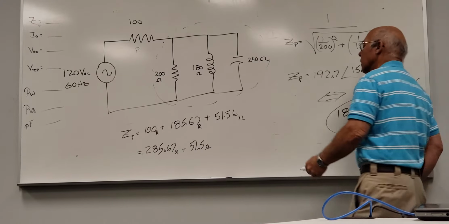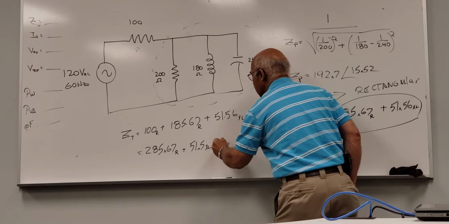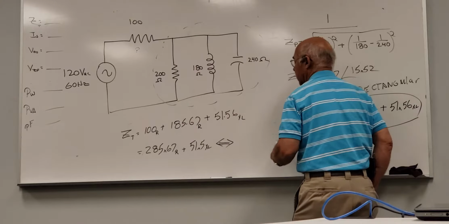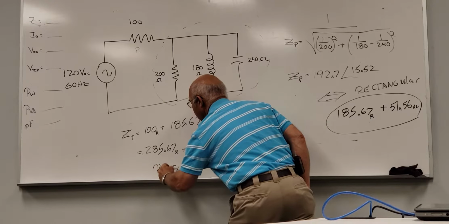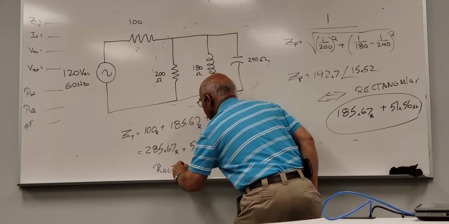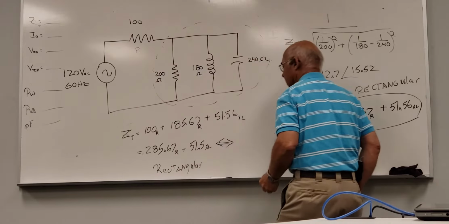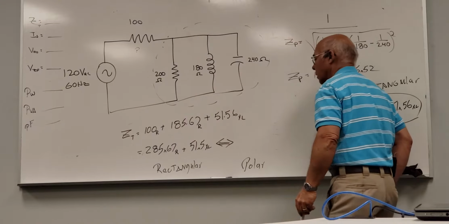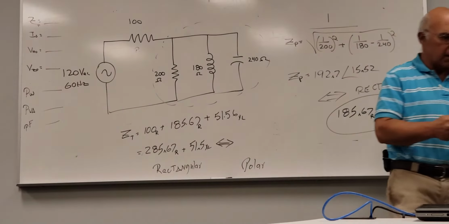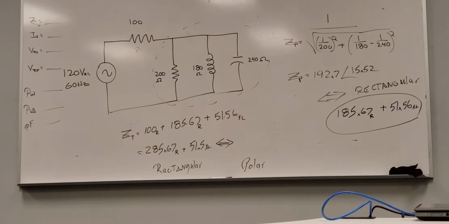While we're here, let's convert that to polar. This is rectangular. Now let's convert it to polar. Alright, that's gonna give us an angle and a magnitude again.